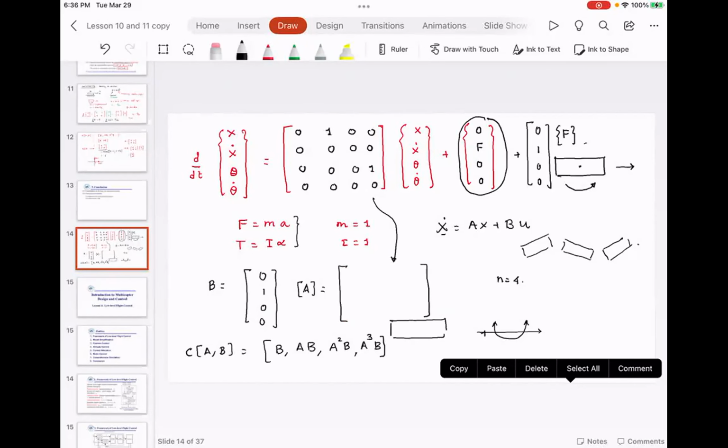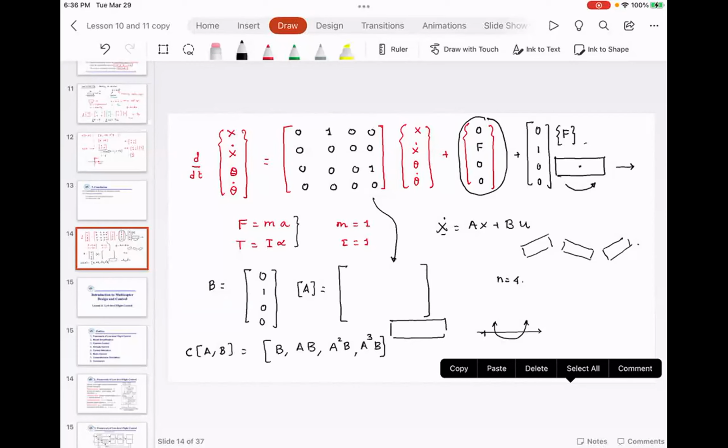If there is no coupling, if there is no link between those internal states of the system, that state is not controllable by the external force. Everyone understood this? Because the external force cannot reach, cannot influence that state. And that is the meaning of controllability. That is what it means physically.